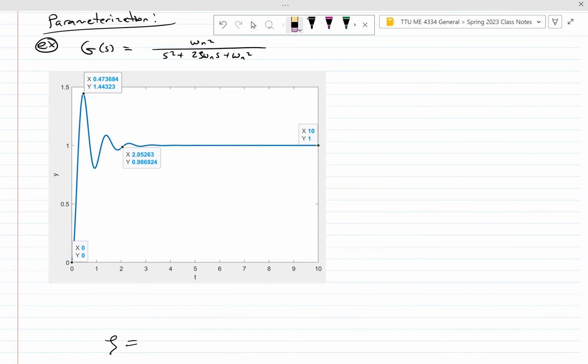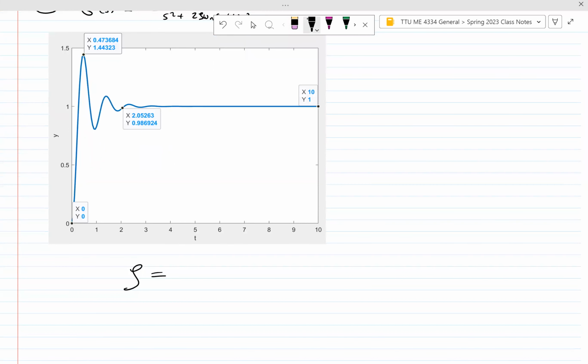Okay, good. So zeta is related to our max percent overshoot here. We had that formula: ln(100 over max percent) over the square root of pi squared plus ln(100 over max percent) squared.